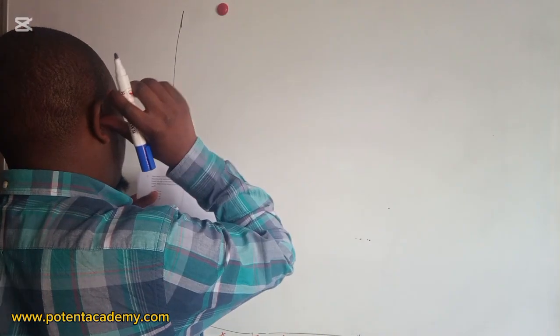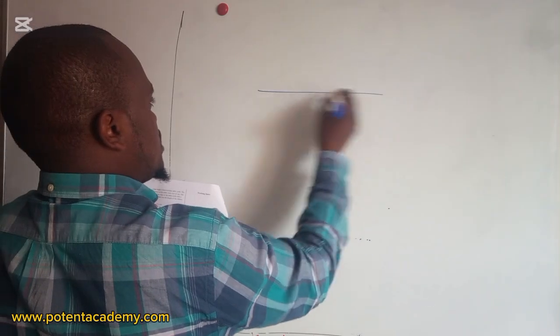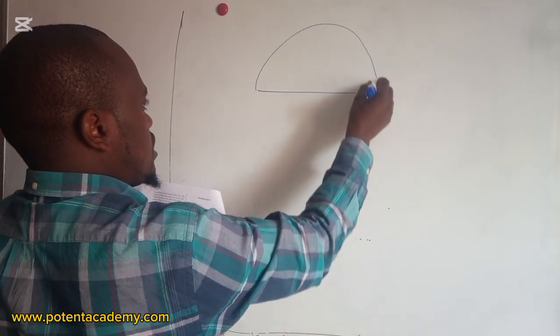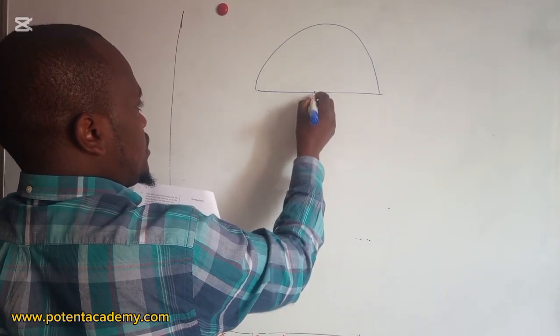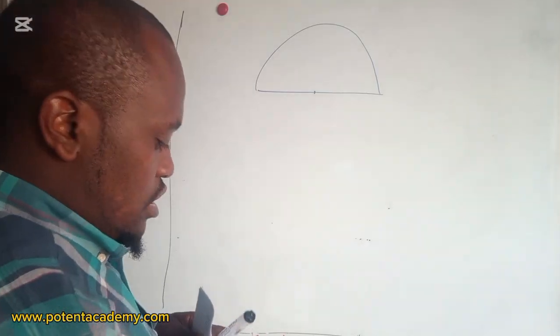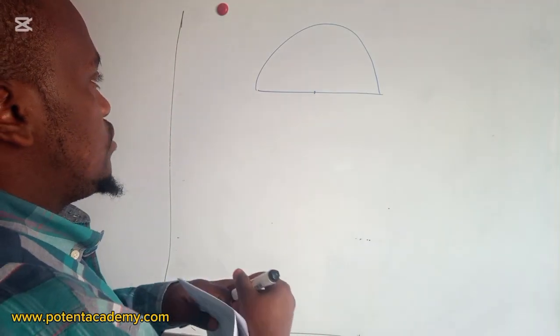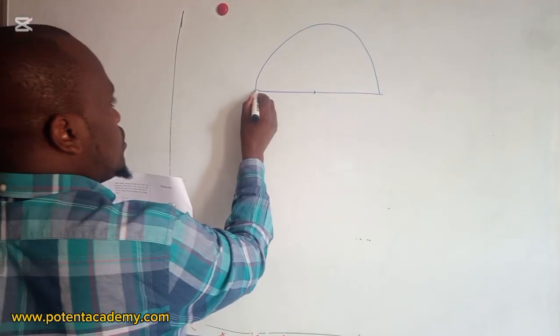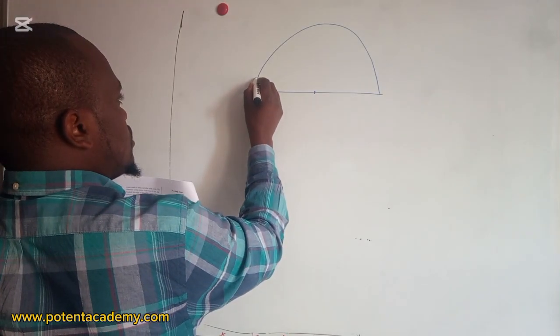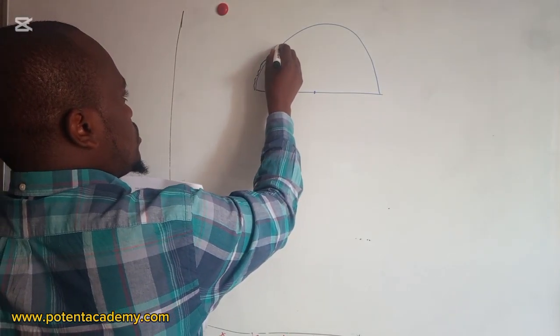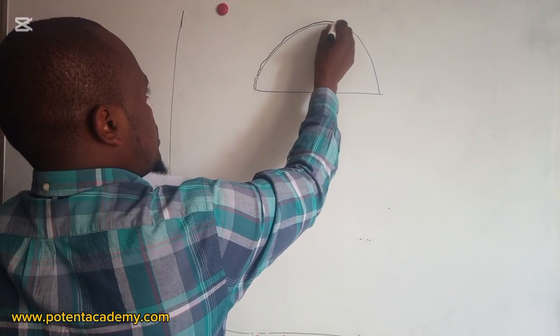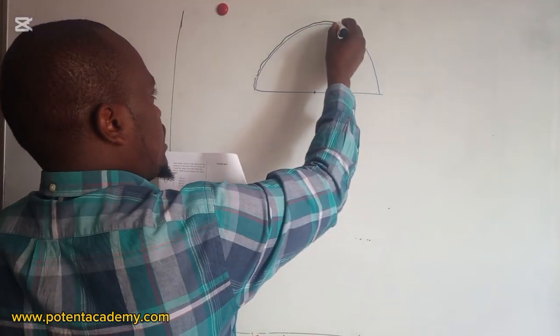So what's the shape of a semicircle? Semicircle looks like this. And here is the center of the circle. So this lady made a piece of cloth and then used a ribbon to cover the edge.